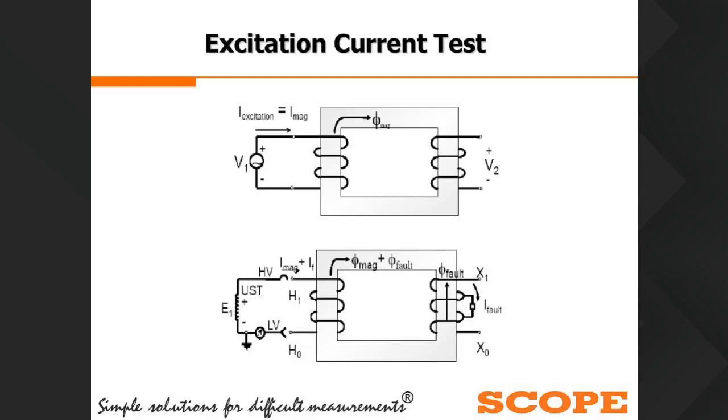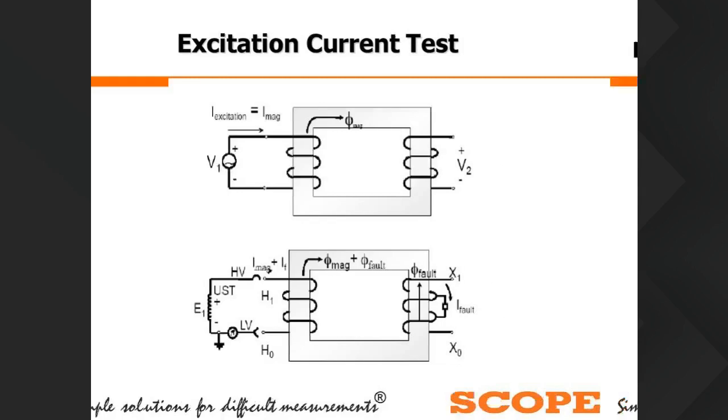So if the results of the excitation currents are different, that is increasing excitation current, we can say that there is an interturn short in the primary or secondary winding. So this is the test with which we can also easily find out whether there is an interturn short or not.